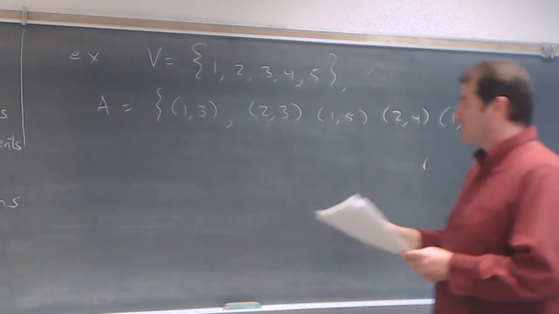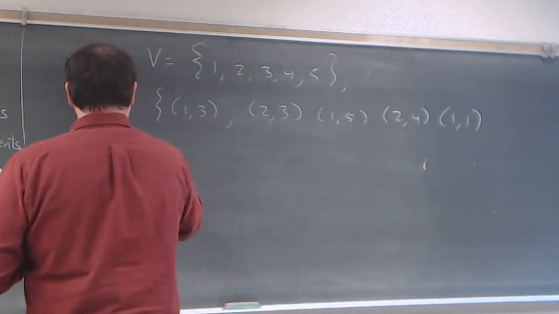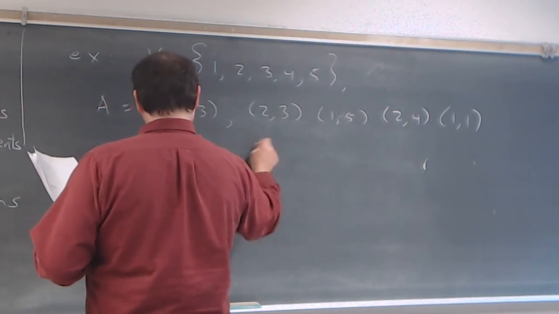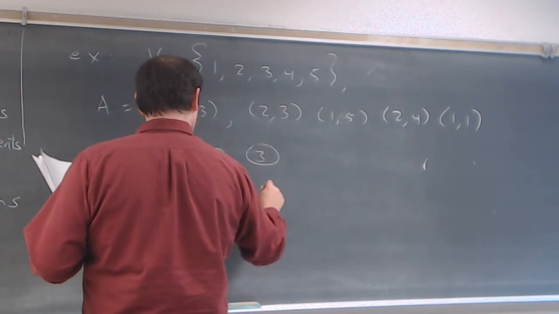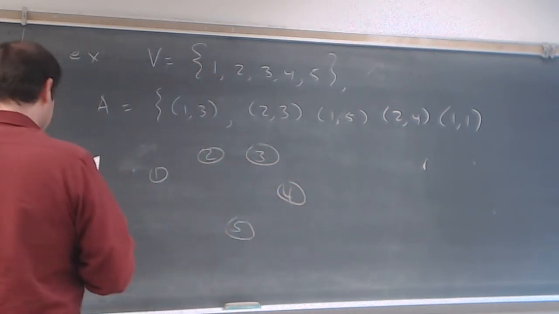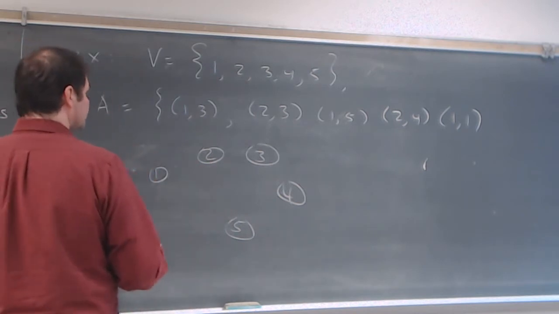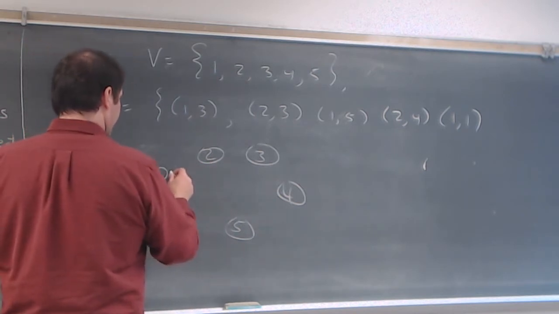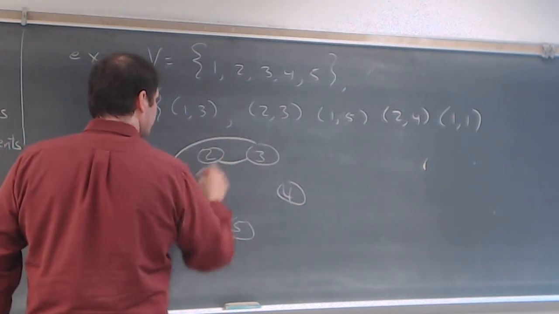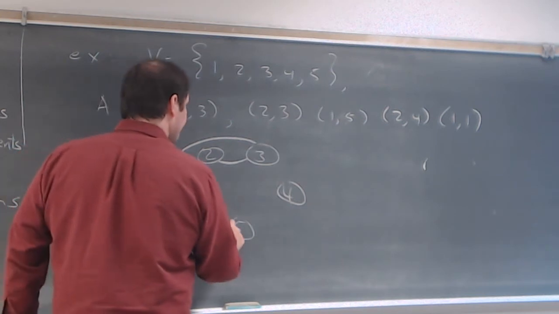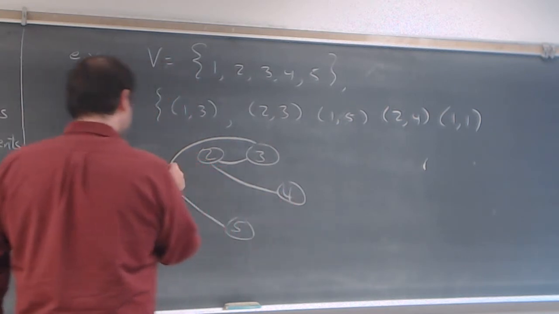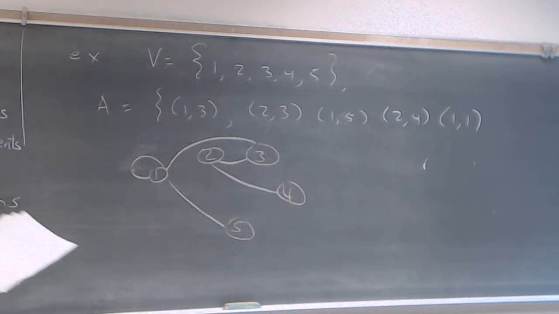Okay. Then this is what we could have pictorially. We have maybe 1, here's 2, here's 3, here's 4, and here's 5. Okay, and so those are our nodes, and 1's connected to 3, 2's connected to 3, 1's connected to 5, 2's connected to 4, and 1 is connected to 1. So that's what my graph looks like.